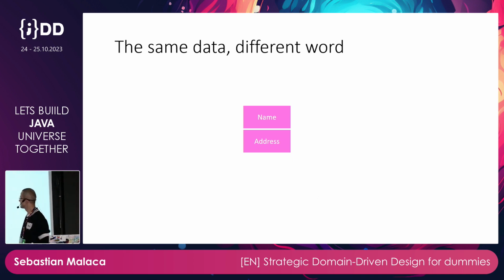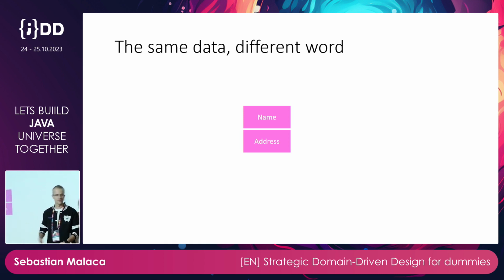Yet another one. We are using the same data and different words. So name, like Sebastian Malaca, address, where I live. Sometimes, maybe some of you already faced this difficulty to find the correct name for something. I'm facing such a challenge from time to time.